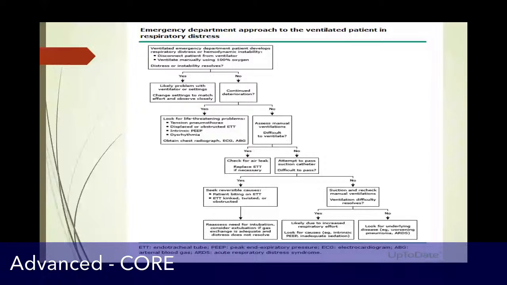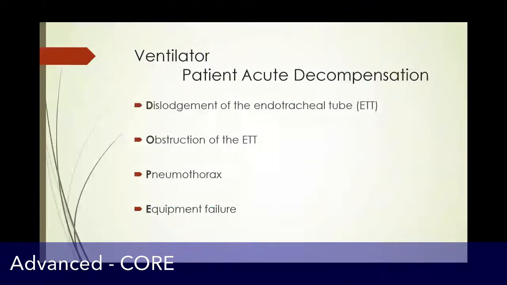So a nice mnemonic to remember these steps of looking at the patient who is on a ventilator and acutely decompensating: DOPE. So D stands for, do they have dislodgement of the endotracheal tube?